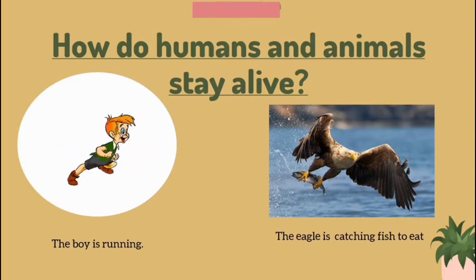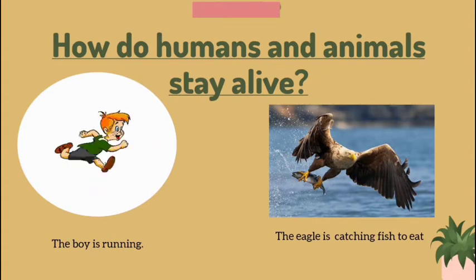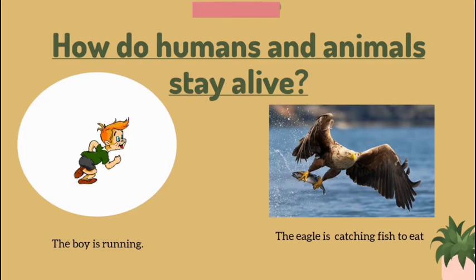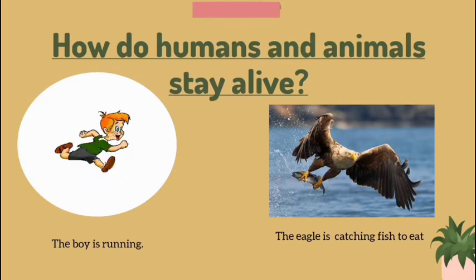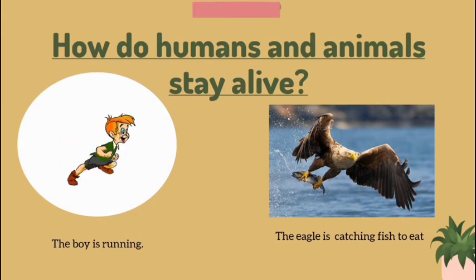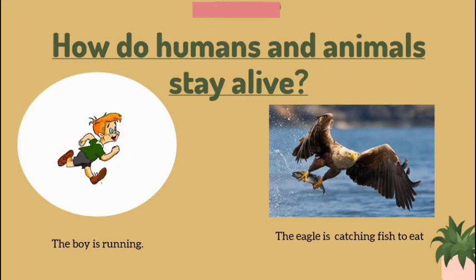By seeing these two pictures, we know that the boy is moving. So, living things need to move to maintain their life. And the eagle is catching fish to eat. Yes, living things need to eat to maintain their life.